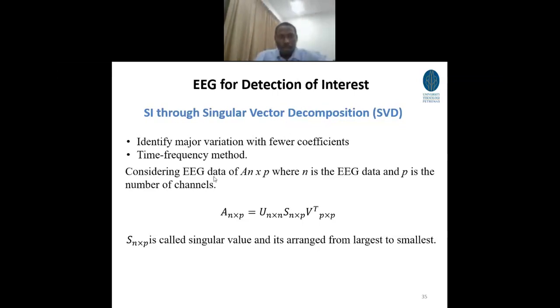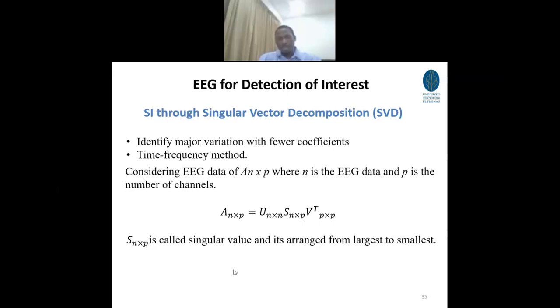Again, we look at, for example, the EEG. We have it like a matrix. N is the EEG data, and P is the number of channels. For us, the number of channels was 8. If you remember, I was mentioning the Inobio device, which has 8 channels. Okay, so we have a matrix. You do the decomposition.